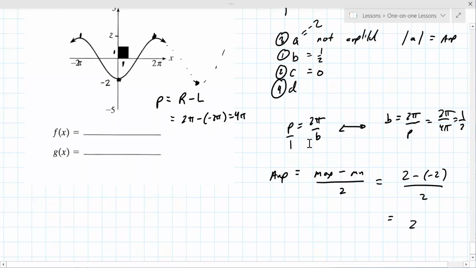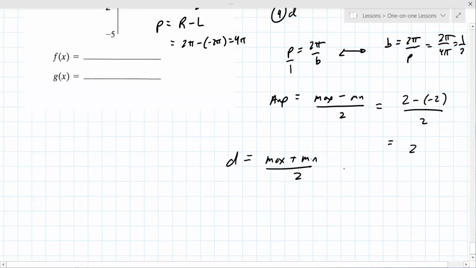Okay, D is the vertical shift. The vertical shift D is very much related to A. It's the max plus the min divided by 2. So in this case, it's 2 plus negative 2 over 2, which equals 0. This is also referred to as the center line.